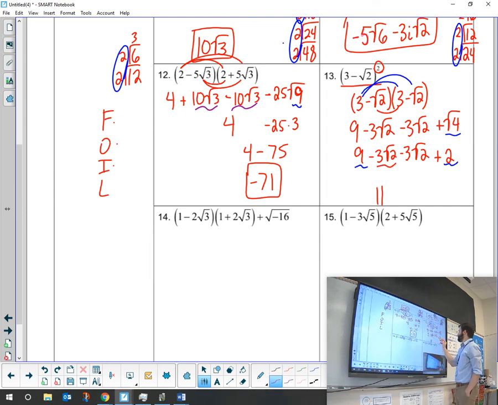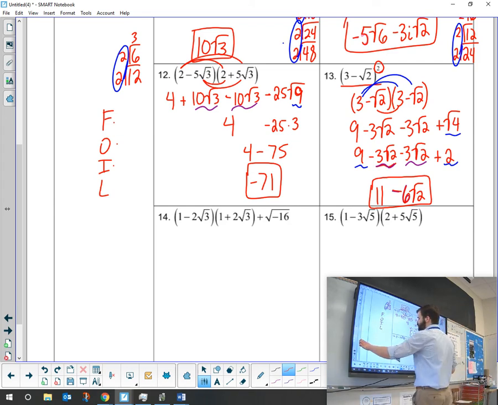Then negative 3 square roots of 2 and negative 3 square roots of 2 make negative 6 square roots of 2. Okay? So there's my answer: 11 minus 6 square roots of 2.